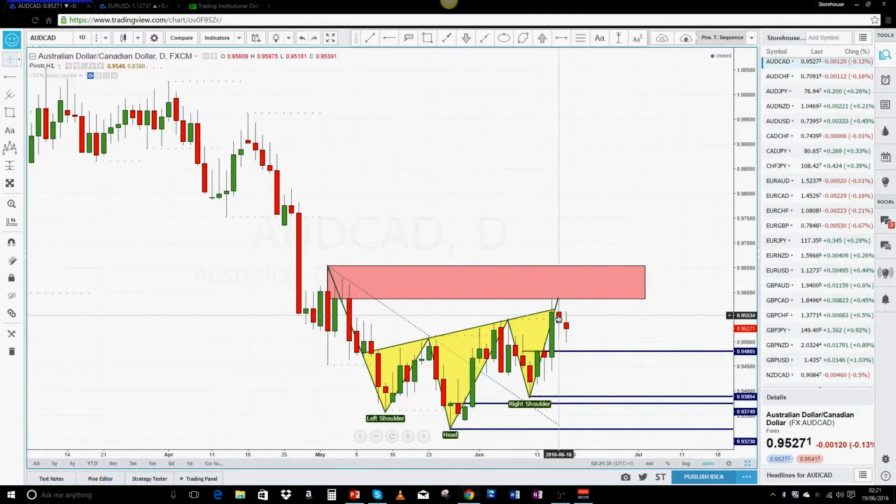They're not long yet because we've only had a penetration through. Some people who are aggressive may have taken this long and they're sitting through some heat right now. But we're looking to get long using confirmation in this area. Why? Because the move away is great, but it's not meeting the minimum requirement of at least a 2-to-1 move away from the zone.